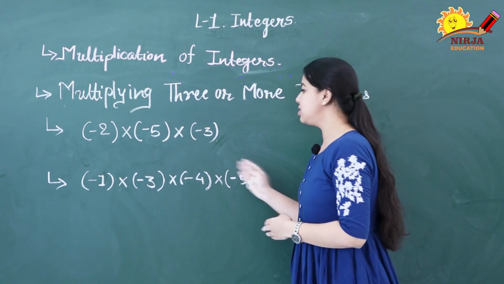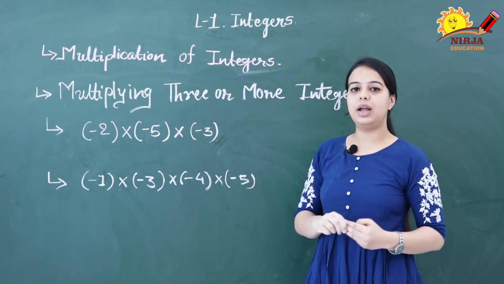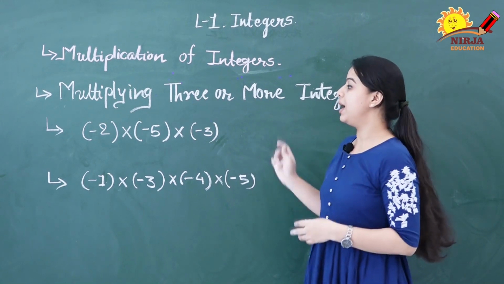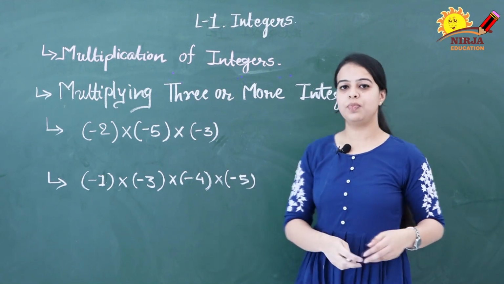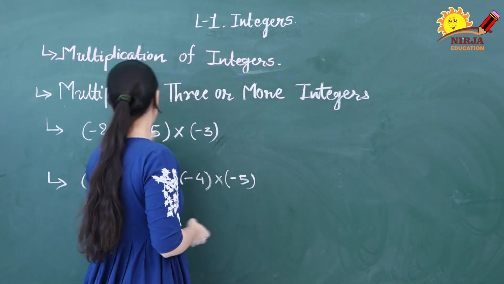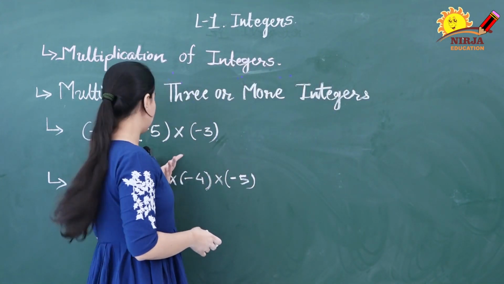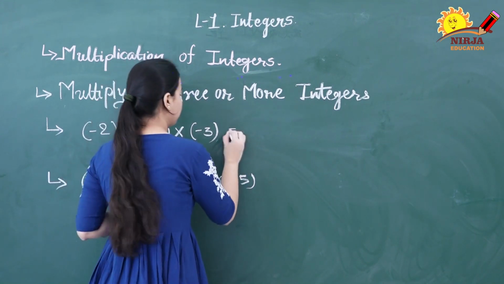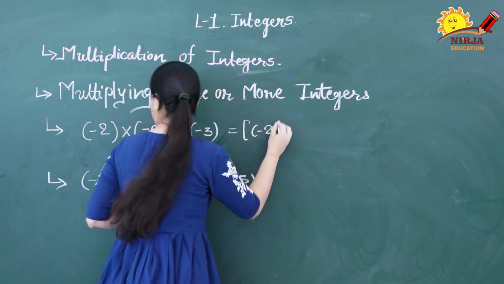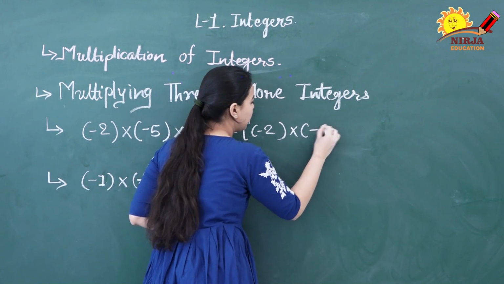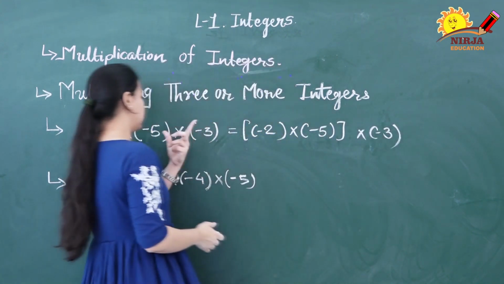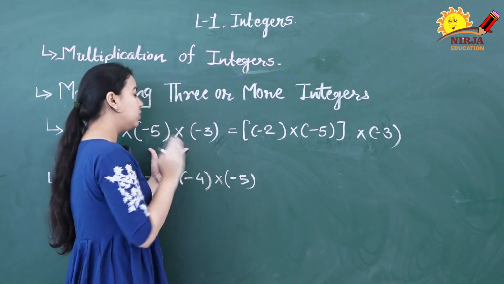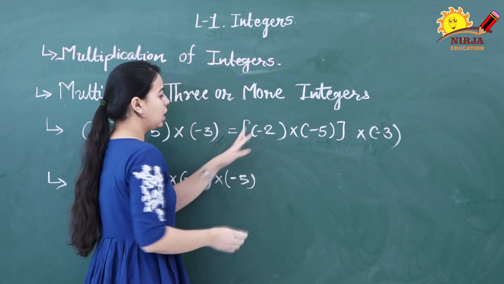So let's first solve this example and then we will conclude what happens if we multiply 3 or more integers. Here first I have listed minus 2 multiplied by minus 5 multiplied by minus 3. First I am going to multiply minus 2 by minus 5, and then we will multiply by minus 3. If you want to multiply the last two first, then also you can do that.